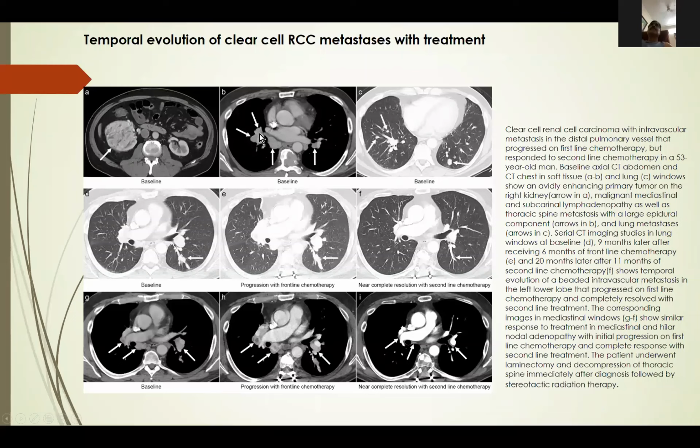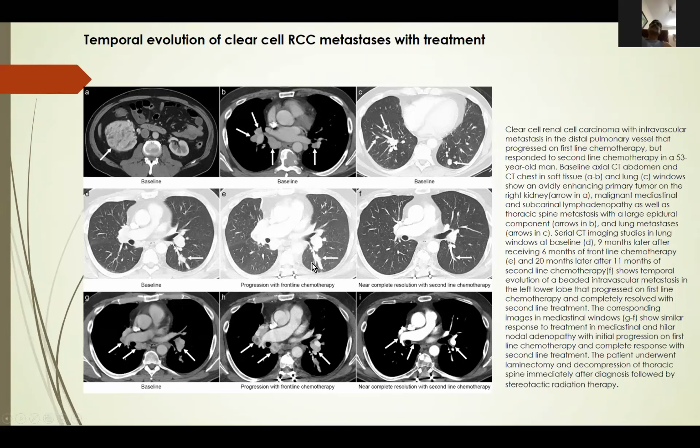At baseline, the patient presented with metastatic disease in the lungs, nodes, mediastinal nodes, and also bone metastasis. He has these multiple lung metastases. And what I wanted to show is these intravascular metastases that I was talking about, with a dilated and beaded appearance. So at baseline, the patient progressed with frontline chemotherapy.